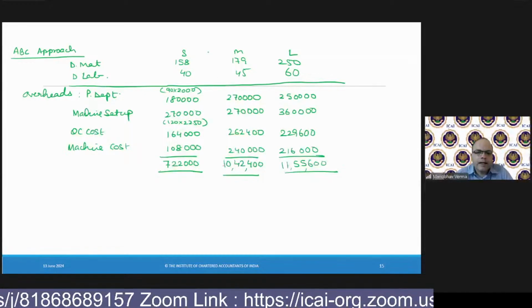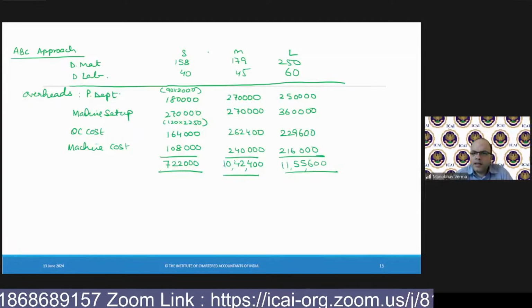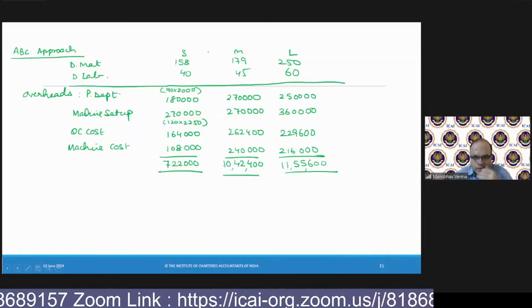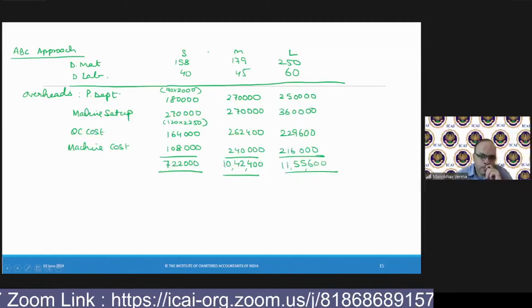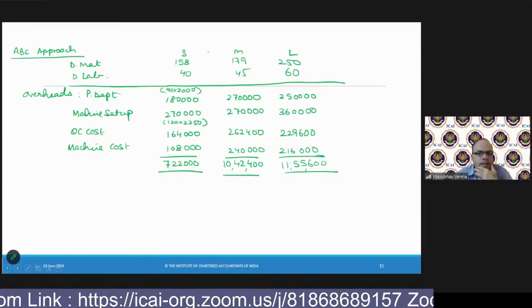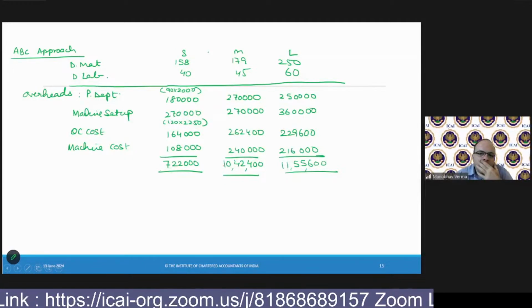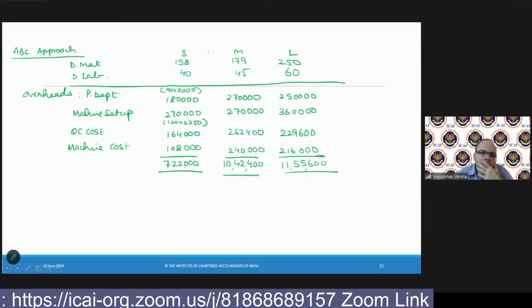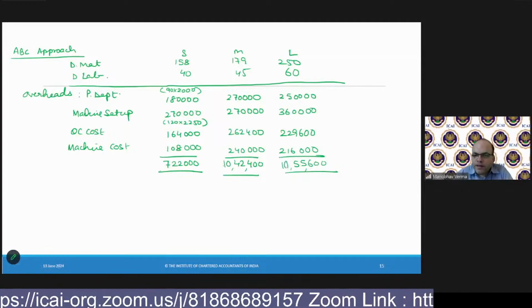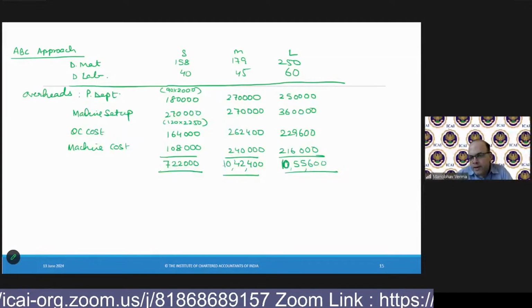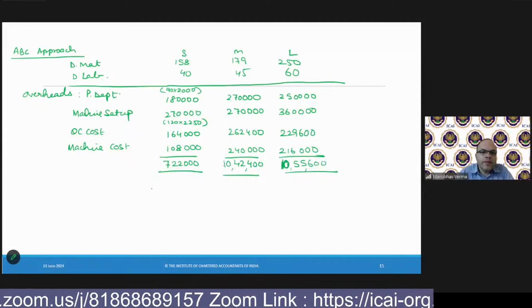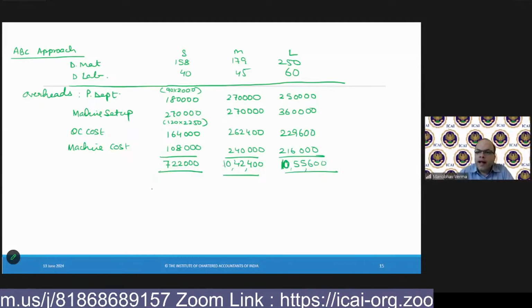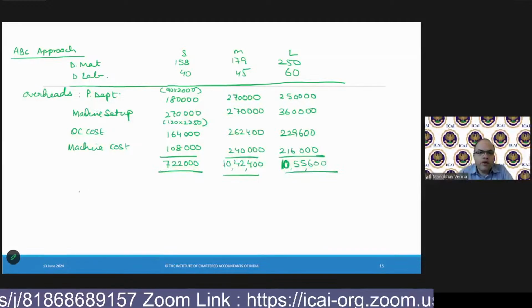It should be 10,55,600. So 7,22,000 for S, 10,42,400 for M and 10,55,600 for N.